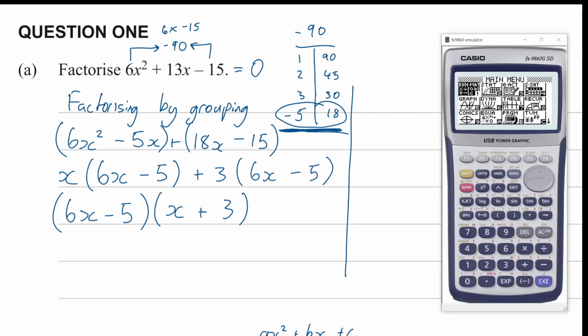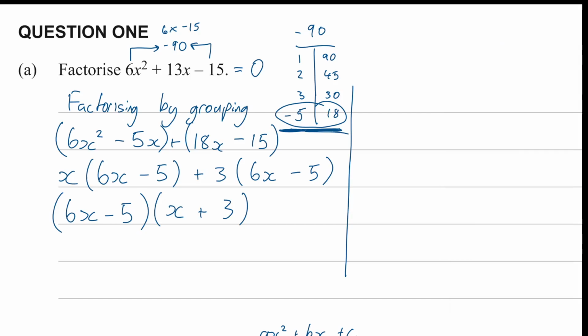So we go menu, we go to equa for equation, we hit F2 for polynomial, because this is a quadratic. It's degree 2. And a, b, and c are these values here. The coefficient of x squared is a, the coefficient of x is b, and the constant is c.